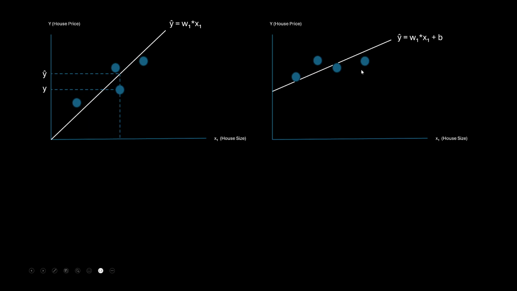But of course, the data points may not be arranged in a way that a best fit may be represented by a line like this. So a straight line may not be the best fit for these data points.